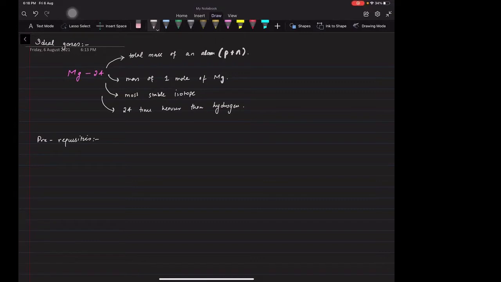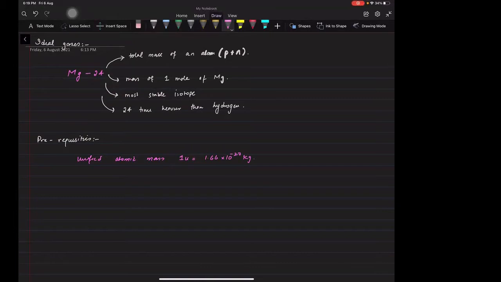Those who don't, woh dekh lo. Ek unit tha unified. Okay, let me write it here. Unified atomic mass. Isko hum likhte hain 1U se, and it has a value 1.66 times 10 raised to the minus 27 kg. Ye humne physics mein AS mein padha tha, last topic.